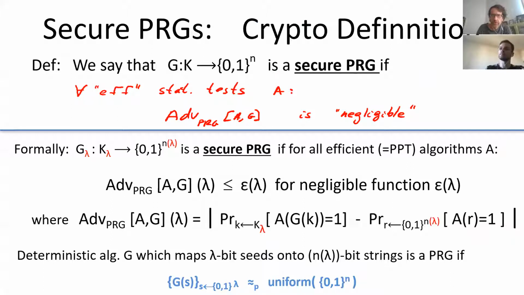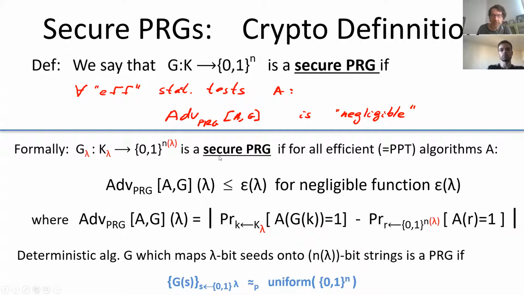So this is where we ended last time. That definition of PRG is that this difference is negligible. And it is the same as to say the following: the distribution of outputs of G on random seeds is computationally indistinguishable from the uniform distribution of random n-bit strings.